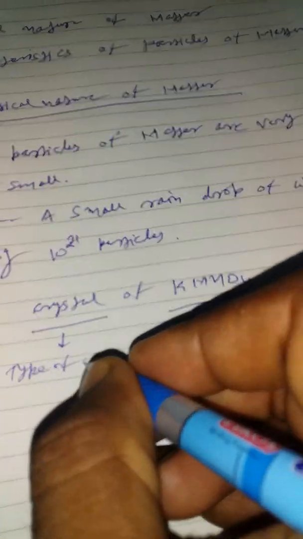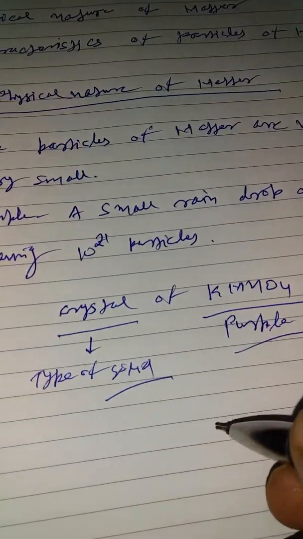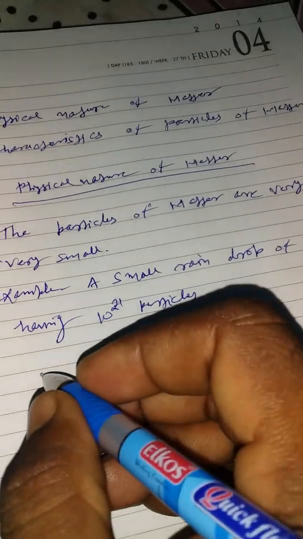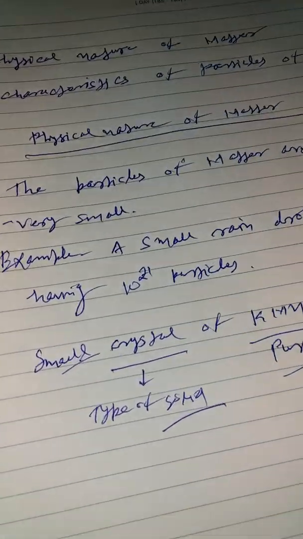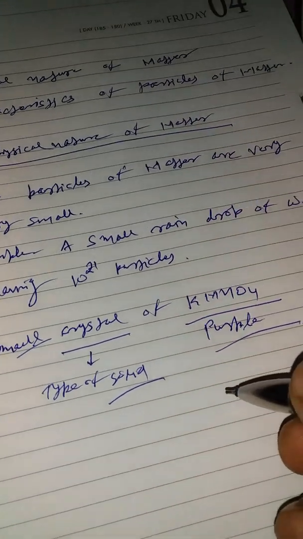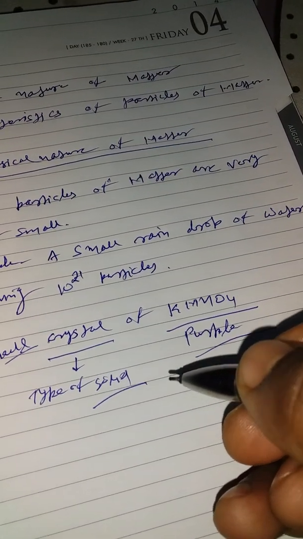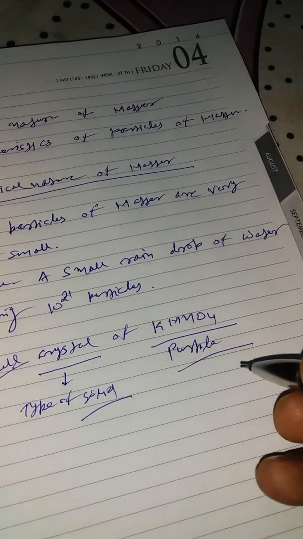When we add a small crystal of potassium permanganate, we see that the whole water becomes purple.